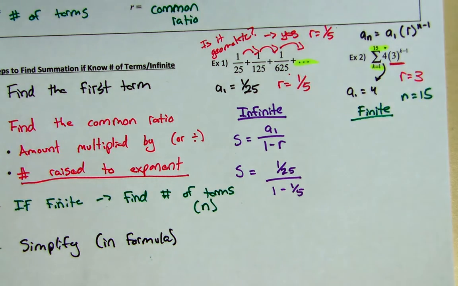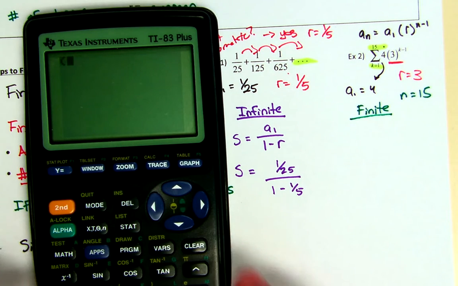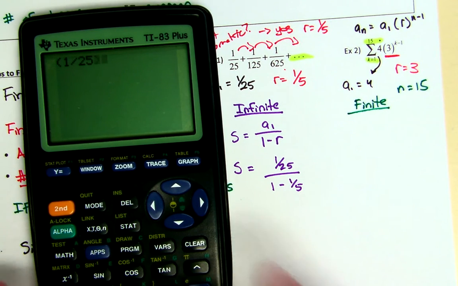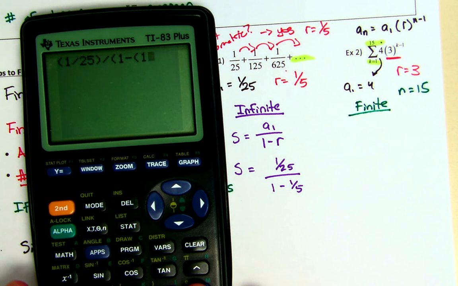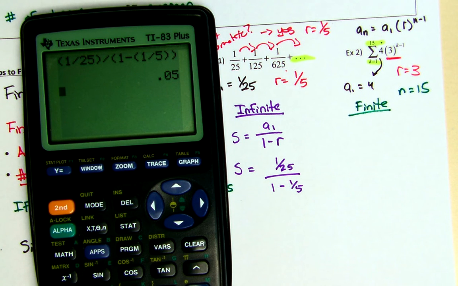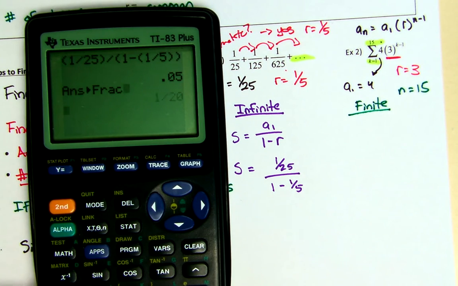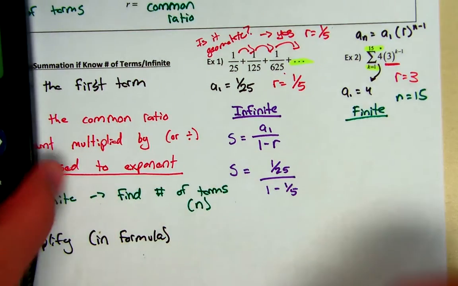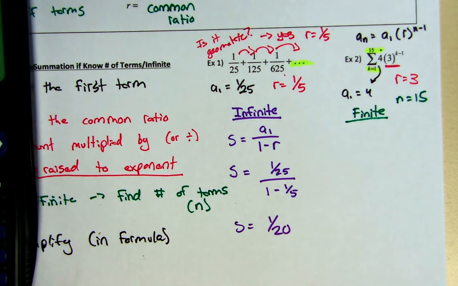Now, be careful in your calculator when you enter this. You want to make sure you use a lot of parentheses. 1/25 divided by 1 minus, fractions always go in their own set of parentheses. So 0.05. But since I have all fractions, I want to make sure I turn that into a fraction. So go to math fraction, and you get 1 over 20. So the sum equals 1 over 20 for this one.